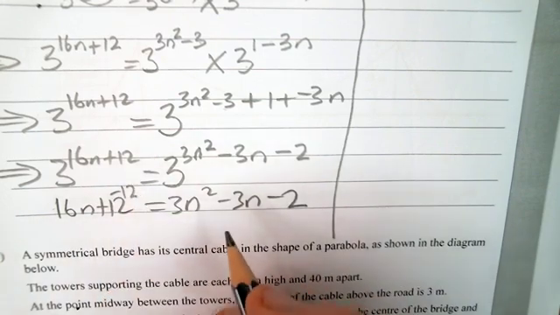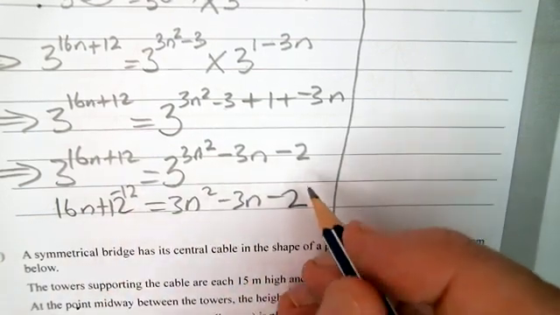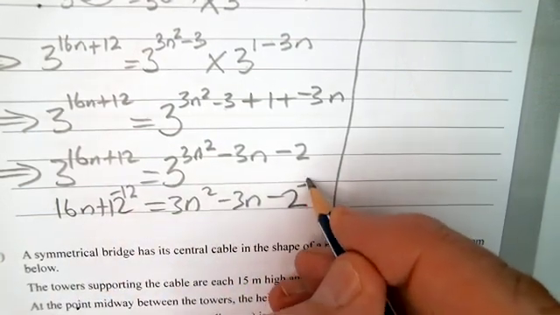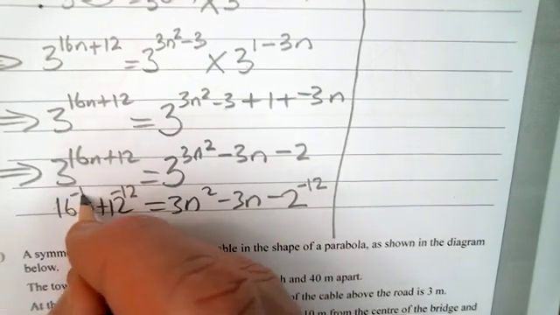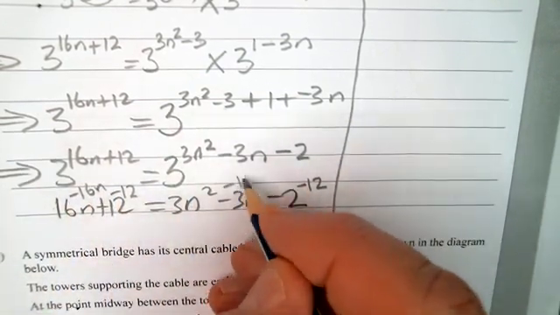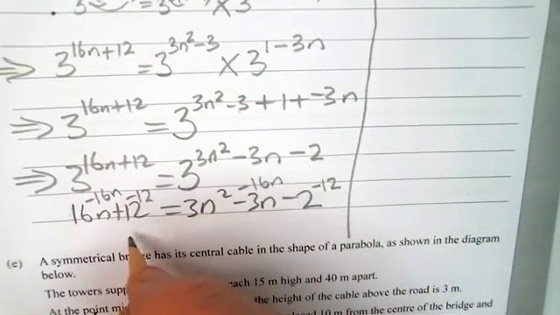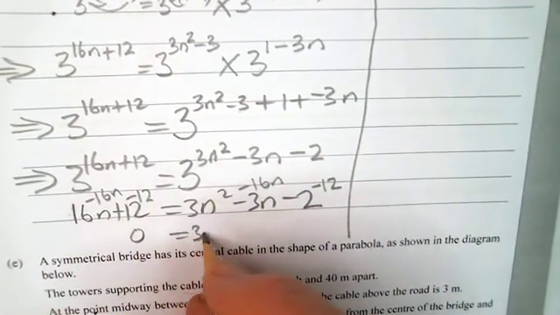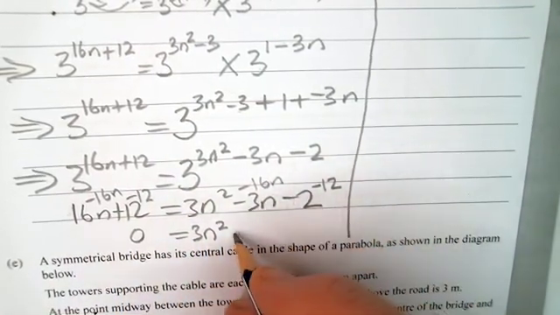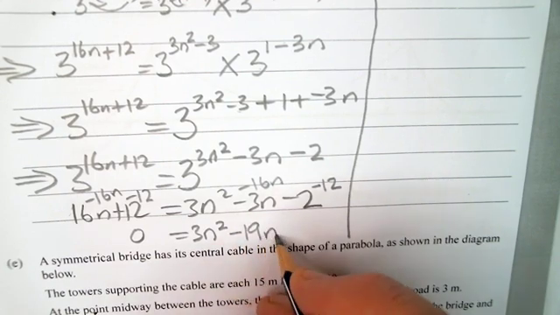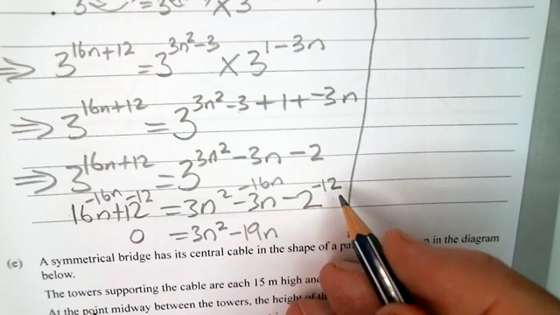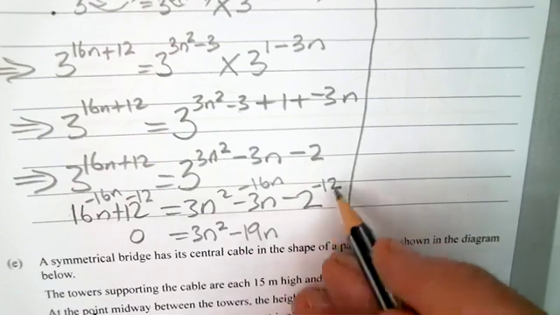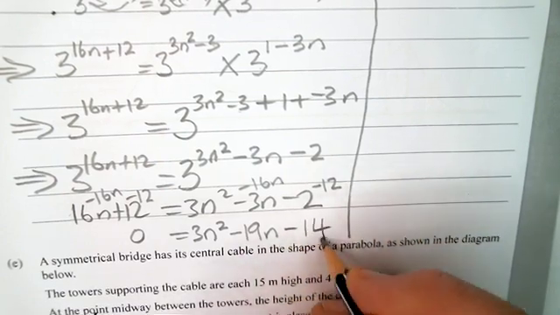And I'm going to subtract 16n from both sides. So the whole thing's now going to equal 0. So I've got 3n squared, minus 19n, and 12 and negative 2 is going to be minus 14.